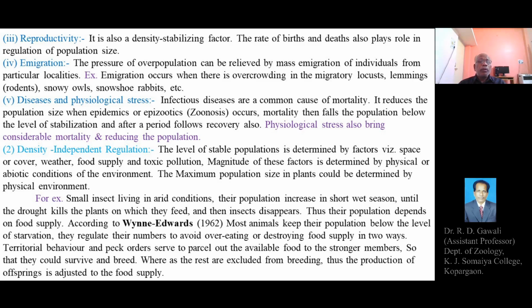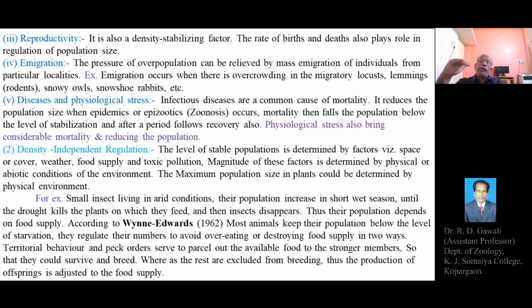It means whatever the quantity of food available will be provided to a definite number of organisms, and on that basis the reproductive activity is controlled, and the number of individuals in the population is kept below the level of starvation.